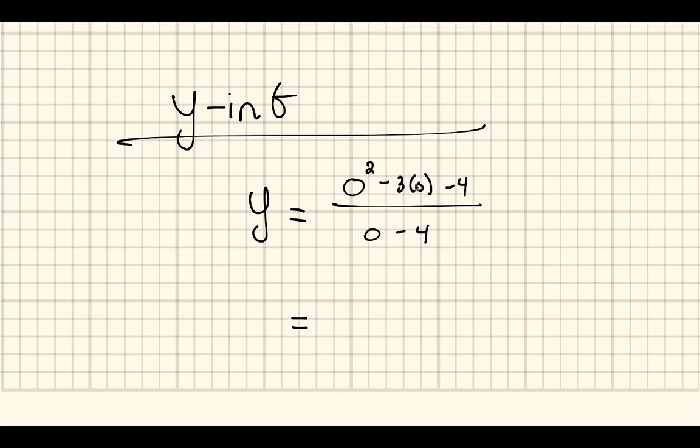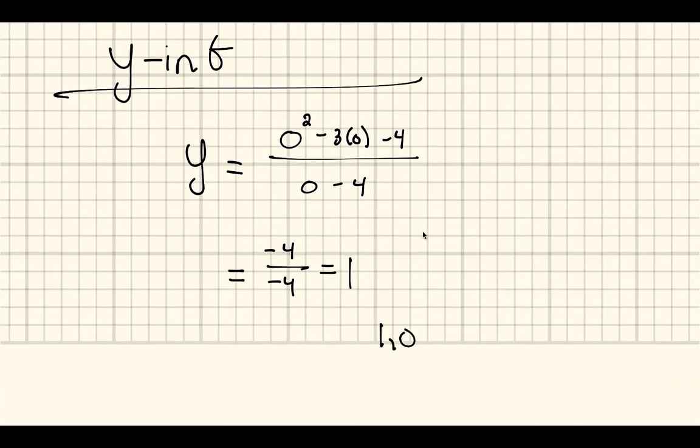That's 0, this is 0, this is 0. So you're basically left with -4 over -4, which is 1. So you should have a y-intercept at, whoops, we're doing the y-intercept, not the x. It should be 0, 1. Okay. 0, 1 is my y-intercept.